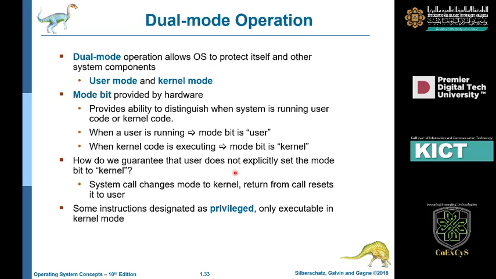Whenever we are running OS or kernel-specific functions, we call it kernel mode, and then it will allow another program to run, which switches to user mode. This is to protect the operating system itself and other system components. It does this by setting the mode bit that exists at the hardware level.